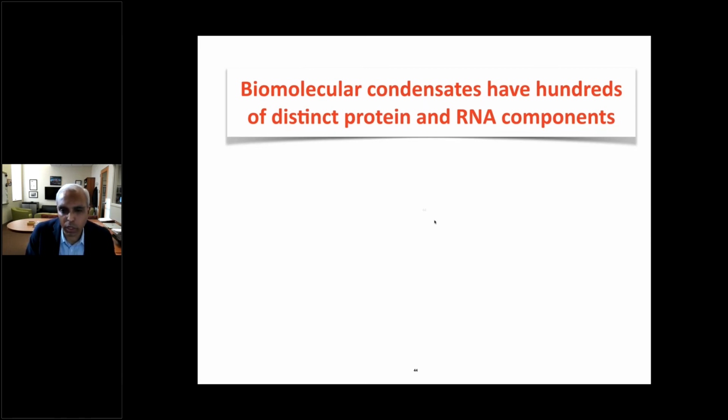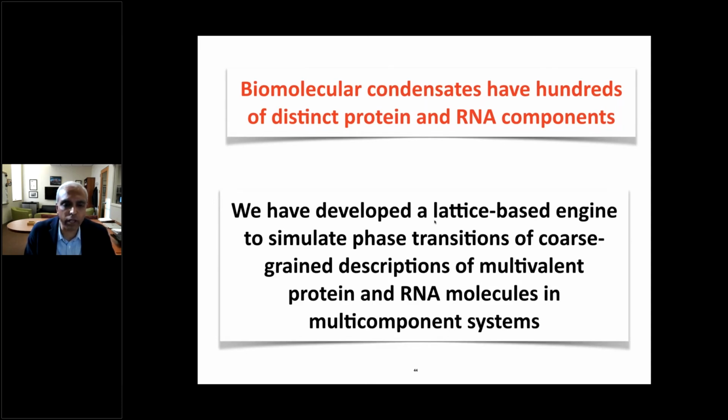But it's worth remembering that the Cajal bodies that Sarah mentioned, or the nucleoli that I mentioned earlier, have very large numbers of distinct protein and RNA molecules, roughly hundreds to, in some cases, thousands of distinct molecular components.